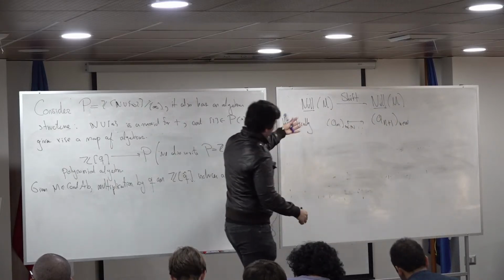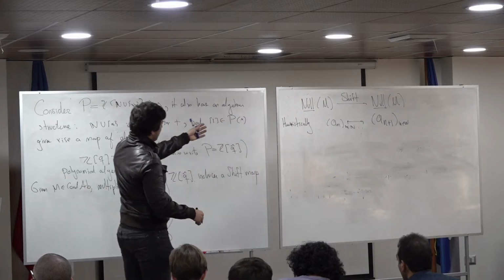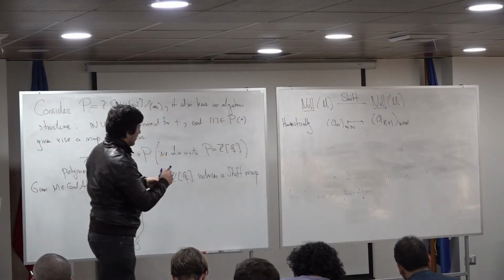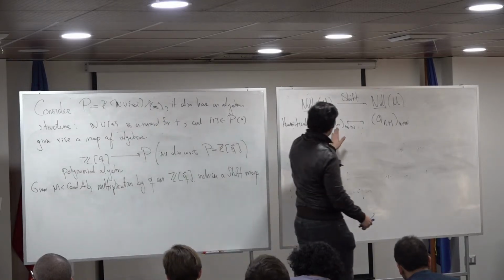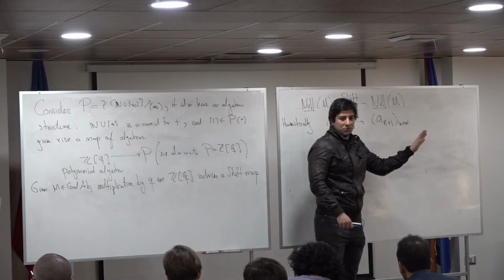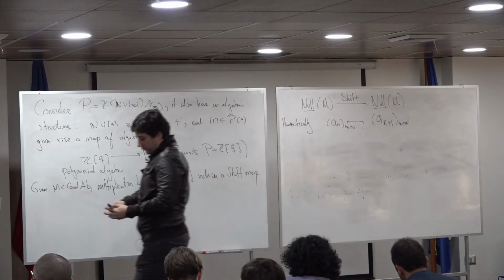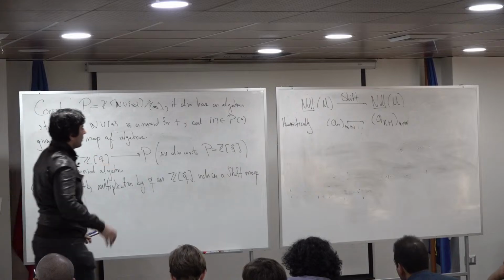So when you look at the underlying sequence of the null sequence, or the restriction to the integers, this is precisely what this map is doing. It's just shifting a_n to a_(n+1).